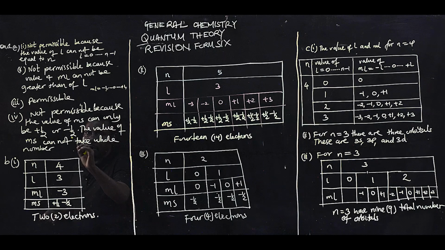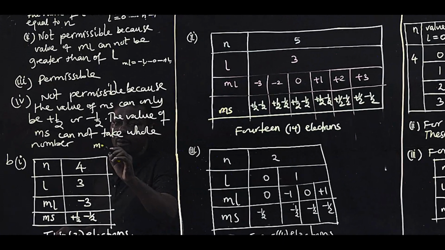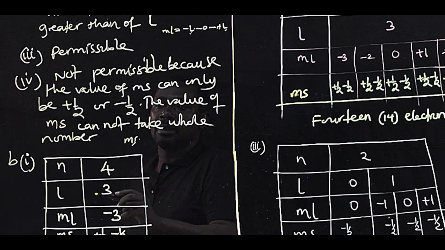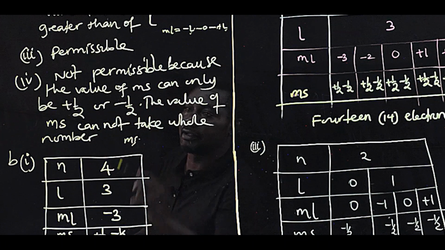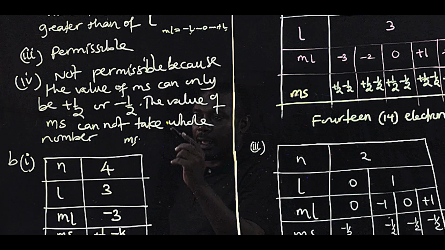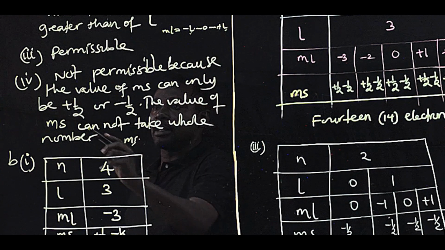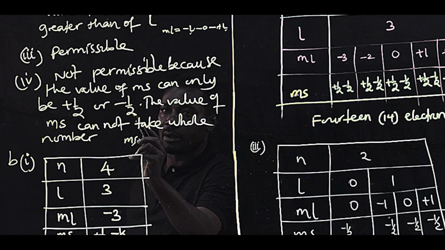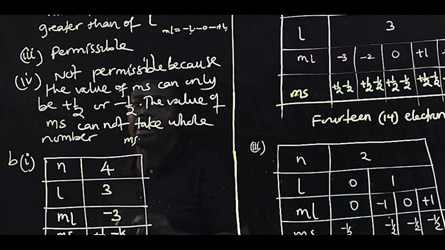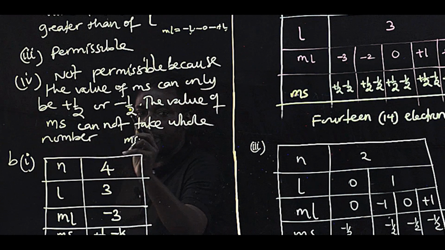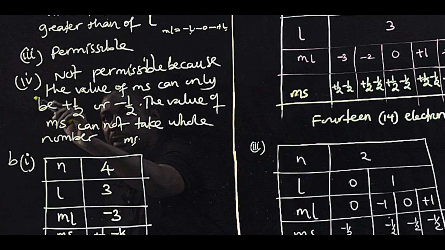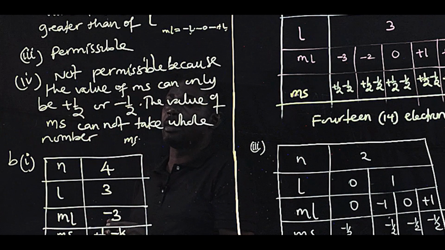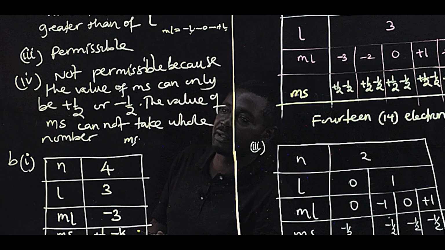According to the value of ms, it can be positive half or negative half. The value of ms cannot take whole numbers. So the given 4 sets of quantum numbers are not correct. Why?